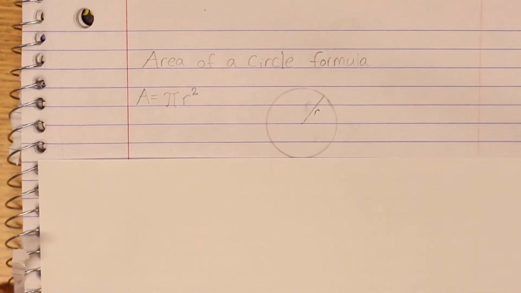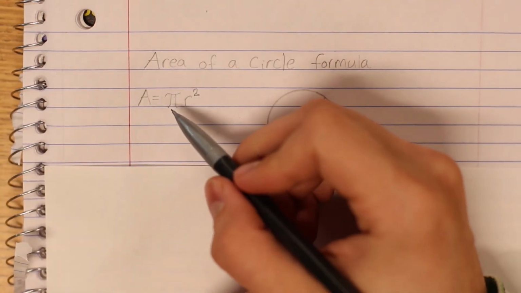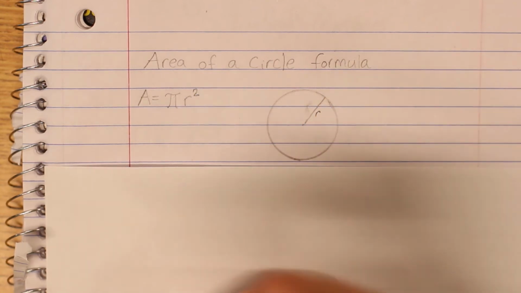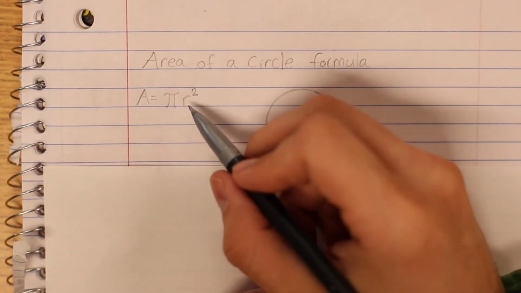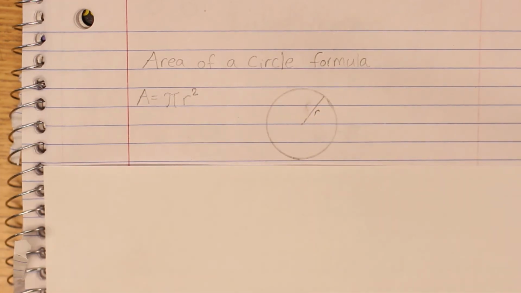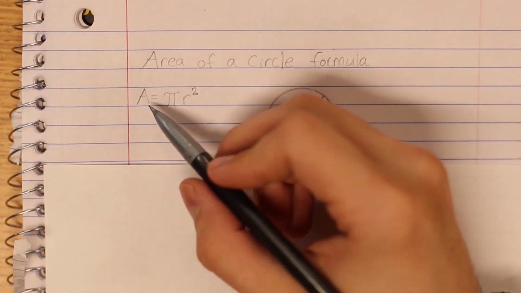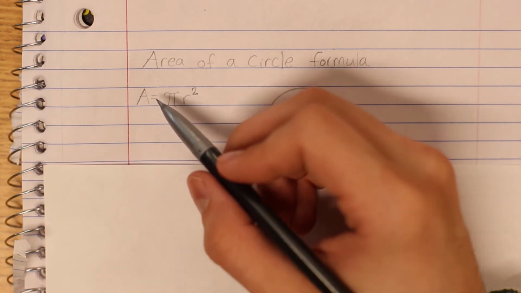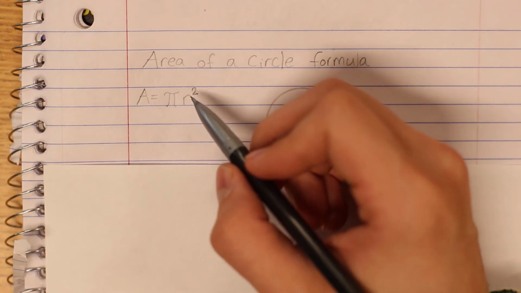Let's use the area of a circle formula. And area is equal to pi times the radius squared. So here we have pi times the radius squared. And a way to help you know the difference between these two is that this is area, and here you have pi r2.